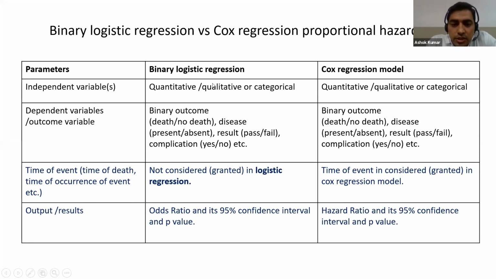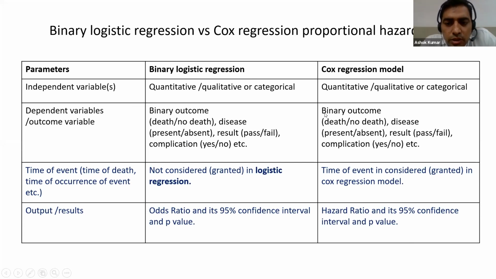You can see, same: quantitative, maybe qualitative, maybe categorical, both types. Nominal, ordinal, interval, ratio, both kinds of independent variables can be fit in binary logistic as well as Cox regression model. The dependent variable, you can see here, is a binary outcome, same here, also a binary outcome.